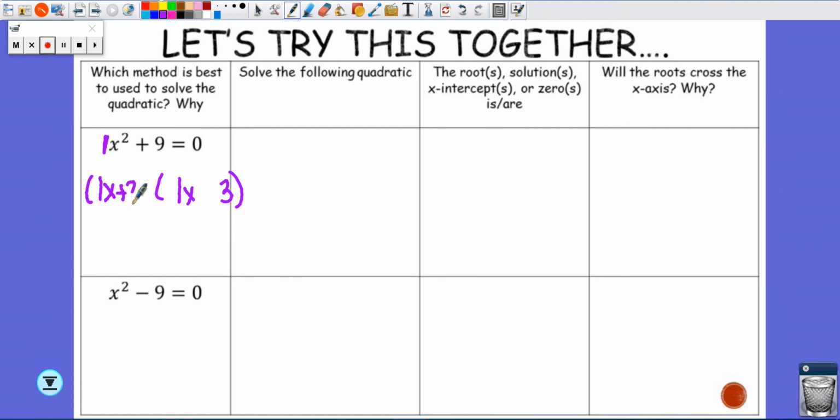So we're going to say plus 3i, because that's a positive 9, and minus 3i, and we set that equal to 0. The best method to use here would be factoring, and that is because 1 and 9 are perfect squares.